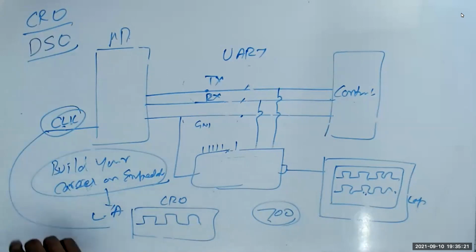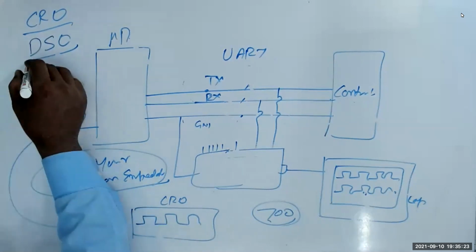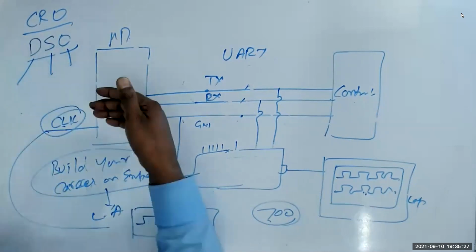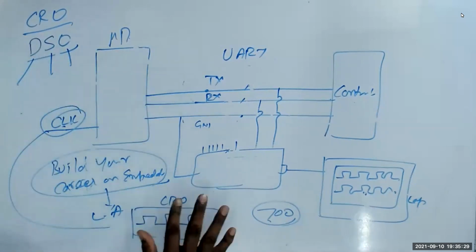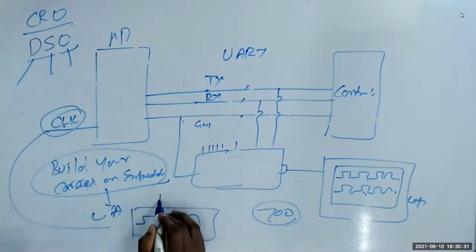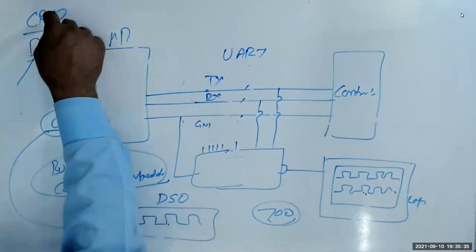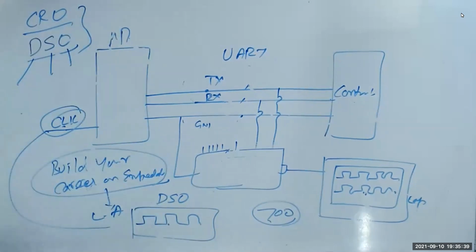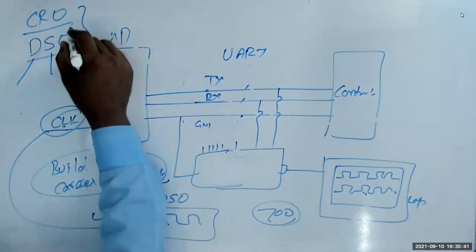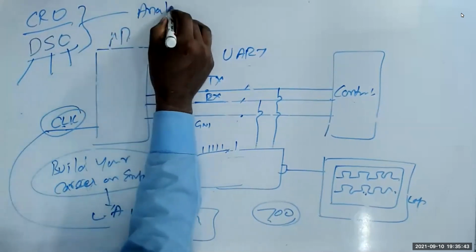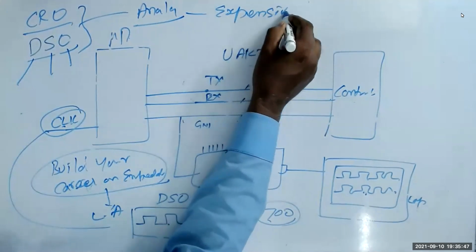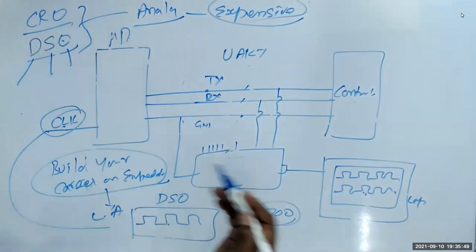Whereas DSO is a digital storage oscilloscope. That one will store the signals and display them. Generally, these two are used for analog, and they are expensive. Of course, we get a DSO as a USB device too.